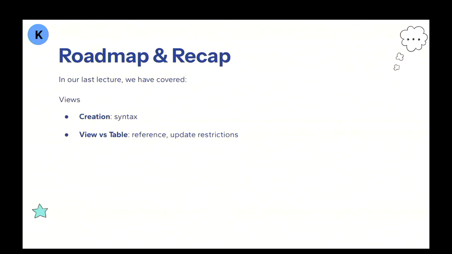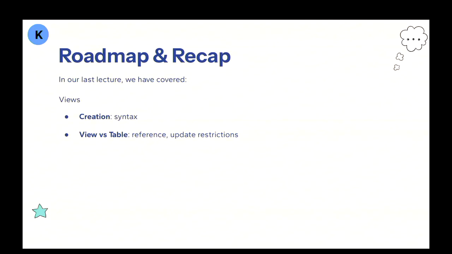So if we update the data through the view, the actual data in the associated table is also updated. And if we modify the content of the stored data in the table, the result when we query the view is also affected. So this is how it works. And dropping a view doesn't affect the content of the table.